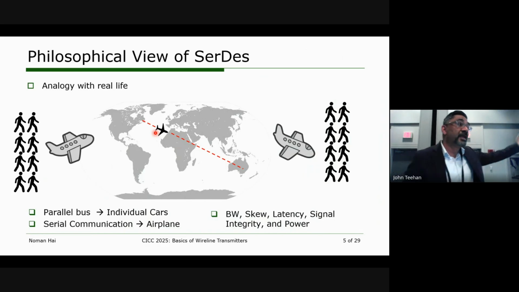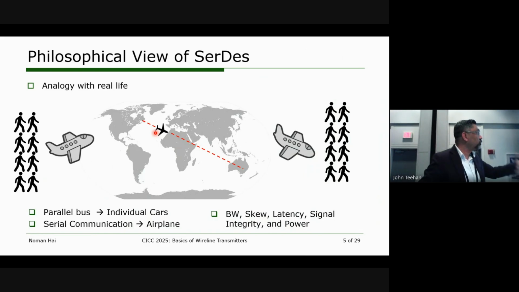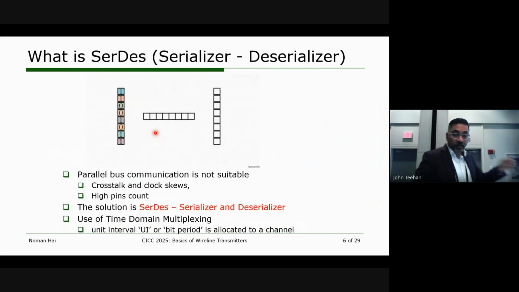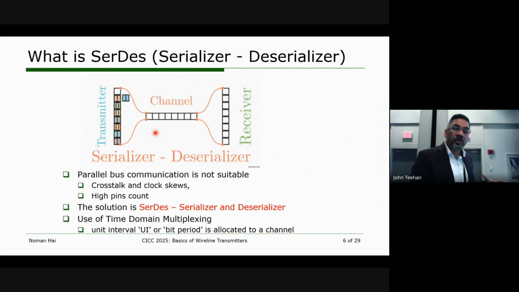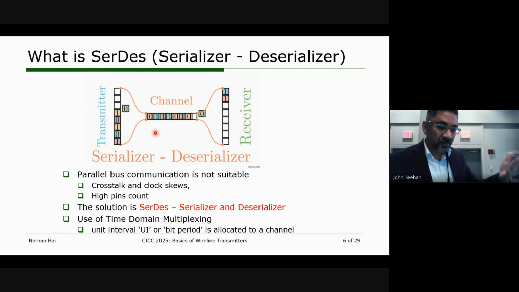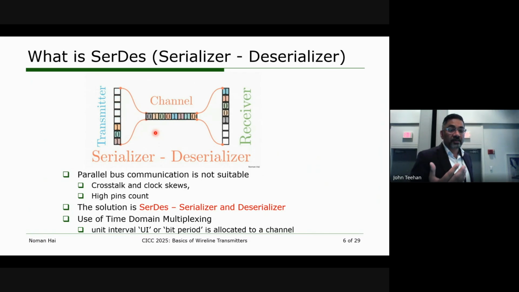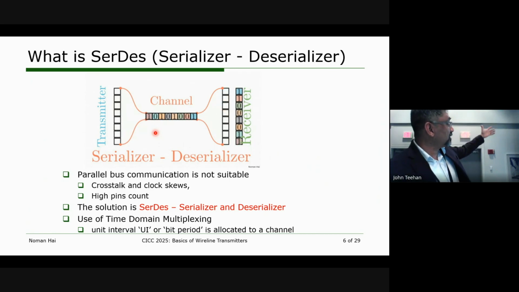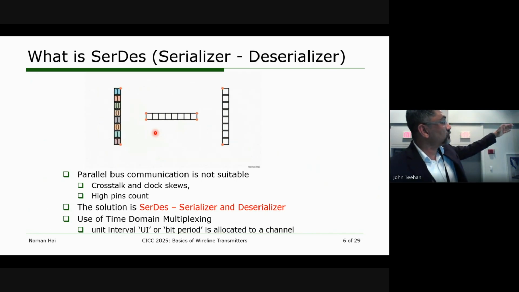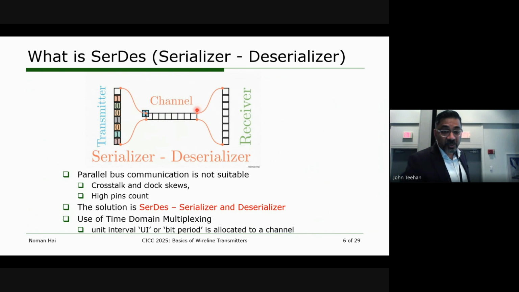Okay, I want you to keep that analogy in place when I'm talking more about the transmitter part. As I mentioned, parallel communication is not very suitable because it adds crosstalk and clock skew, and we have a high pin count. So rather than sending the data in parallel, we use the transmitter, on the left-hand side, which sends the data sequentially through the channel to the receiver.